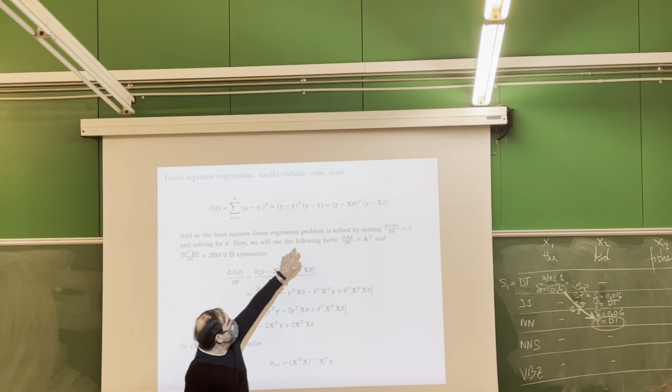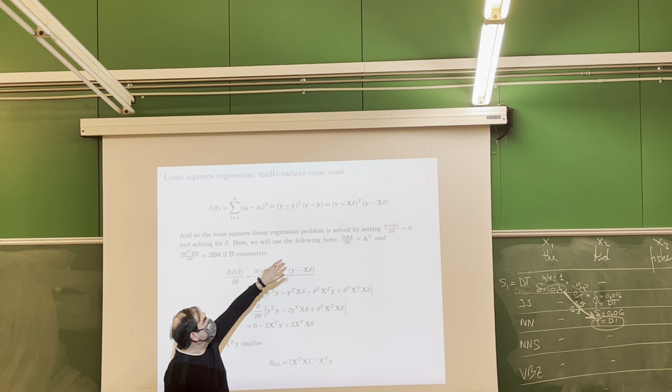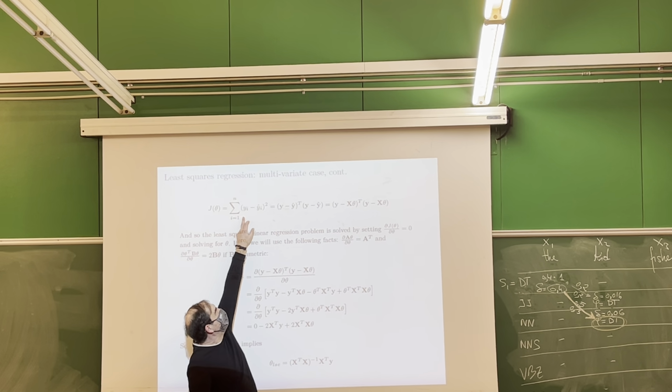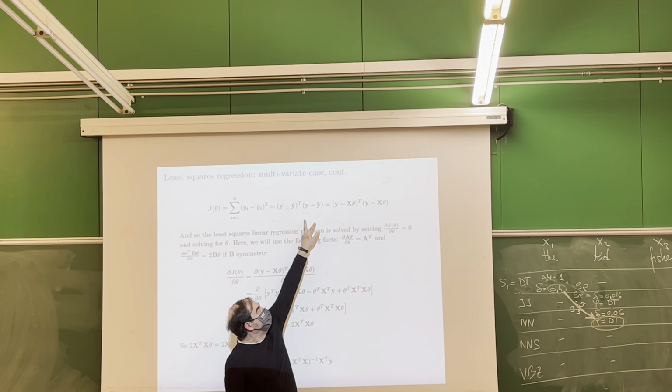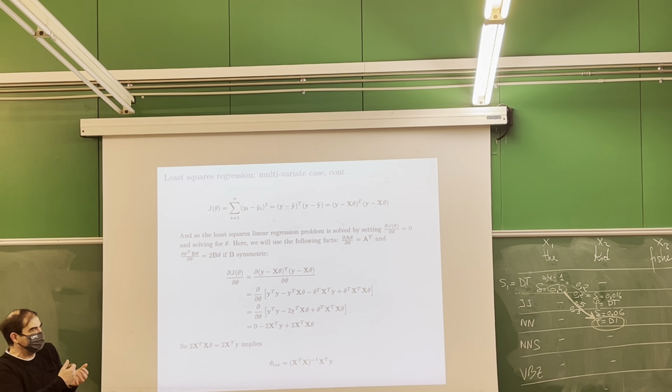So, this number can be represented in this way. This squared can be represented as the differences between the labels and the predicted values, transposed, multiplied by the true values minus the predicted values.